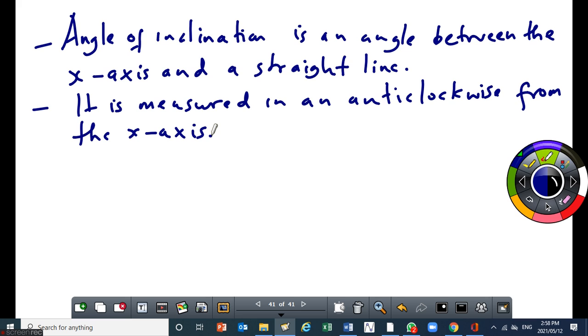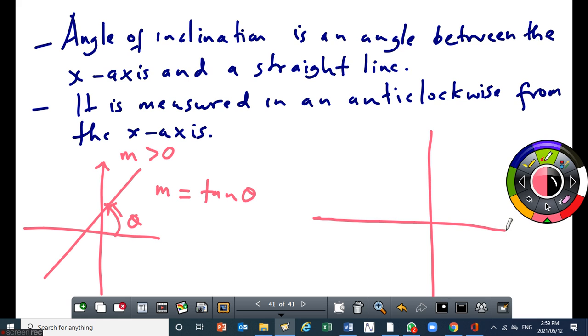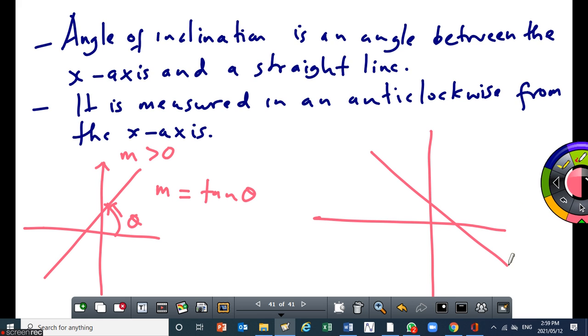So you need to remember what the angle of inclination is. Now there are two cases. When the gradient is positive, we have something like that. So the angle of inclination will be that. And we use the formula m equal to tan theta to calculate it. This is when m is greater than 0. Then, when m is negative, you have a line like that.